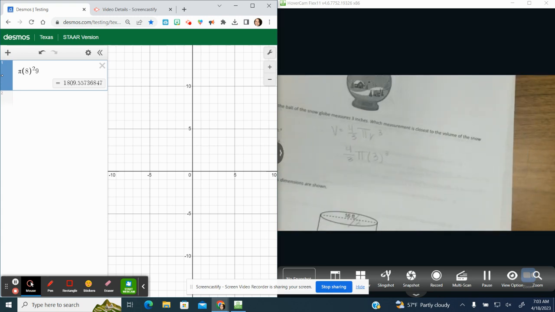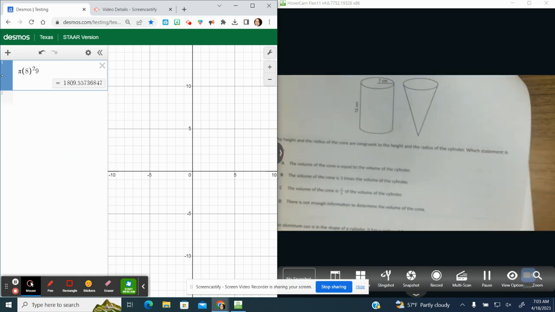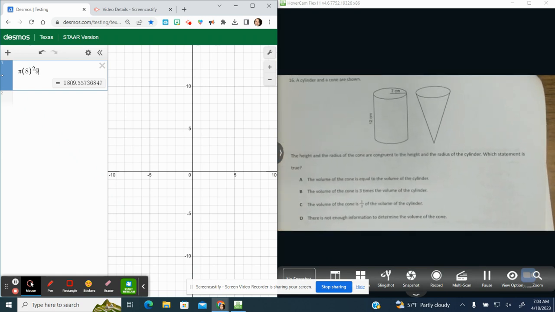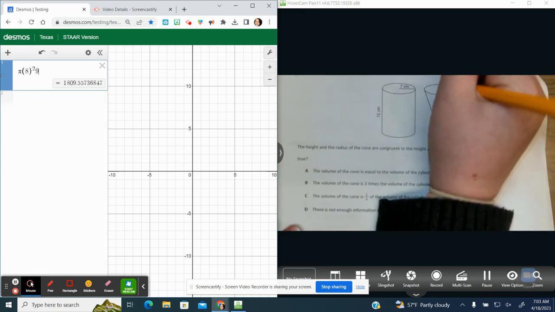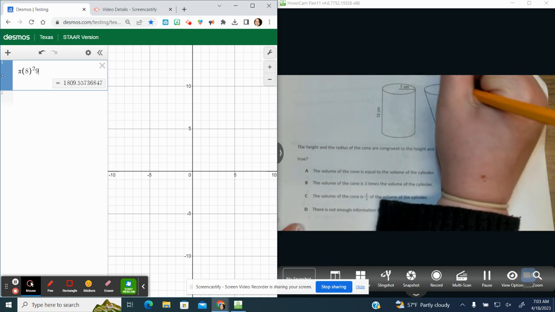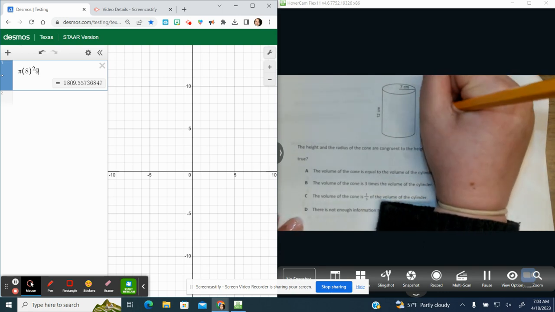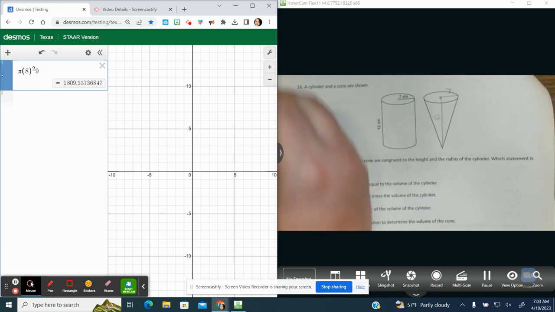Number 16. A cylinder and a cone are shown. The height and radius of the cone are congruent to the height and the radius of the cylinder. Which statement is true? So we know this is 7 and this is 12. Let's find the volume of both.